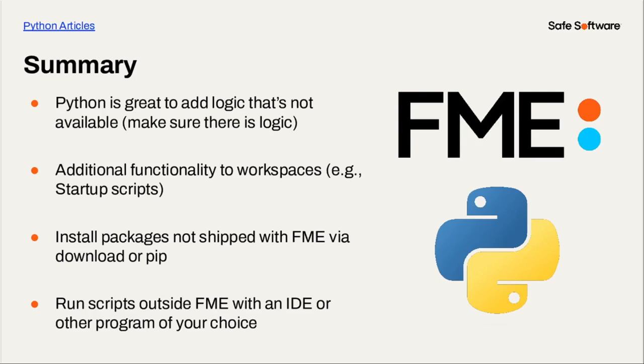Just going over what we've covered in the webinar today: additional functionality to workspaces, which Crystal went over, such as startup scripts, shutdown scripts, scripted parameters, etc. Installing packages not shipped with FME via pip, which we've done, and running scripts outside of FME with an IDE. It can work with a program of your choice as well, following those steps.